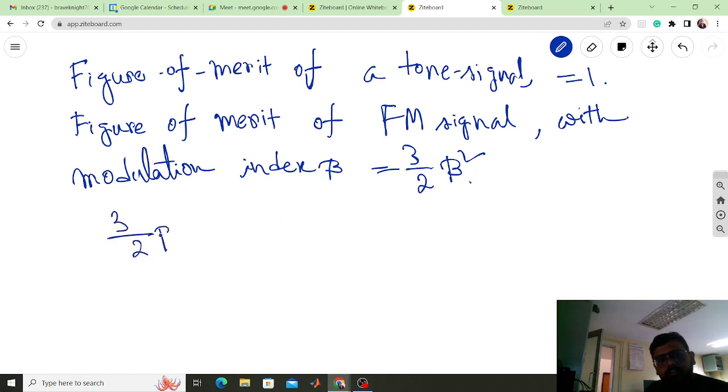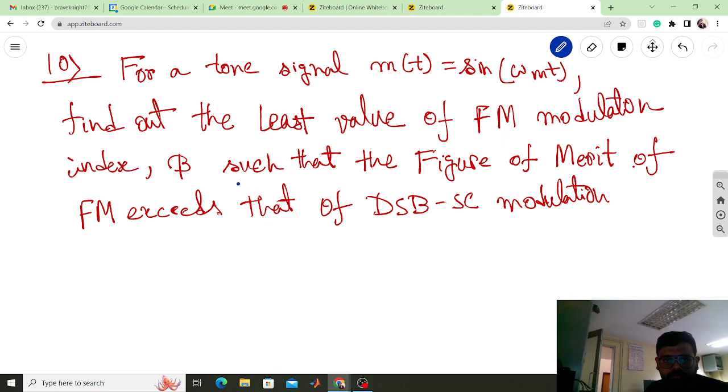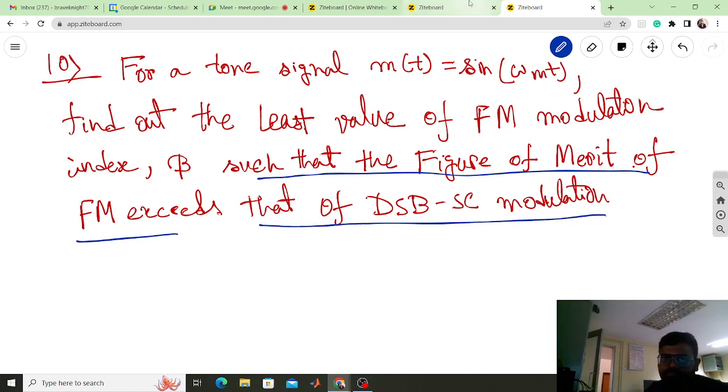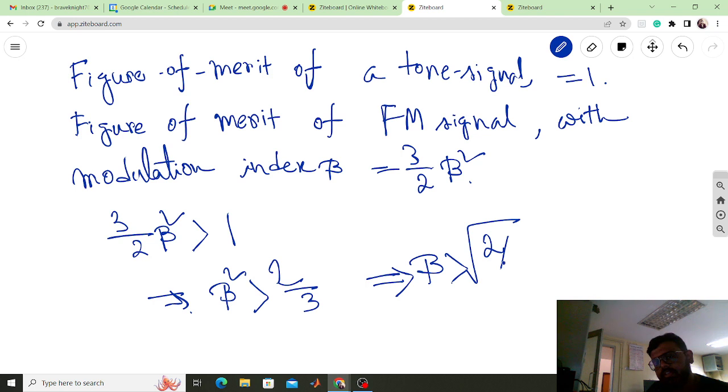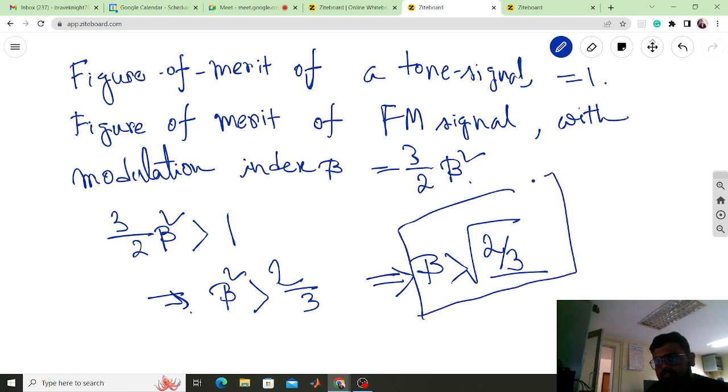So 3 by 2 beta square should be greater than 1, because the question said such that the figure of merit of the FM exceeds that of DSB-SC modulation. So from this we can write beta square should be greater than 2 by 3, and beta should be greater than square root of 2 by 3. So this is the condition. The question asked what is the least value, so the least value will be square root of 2 by 3.